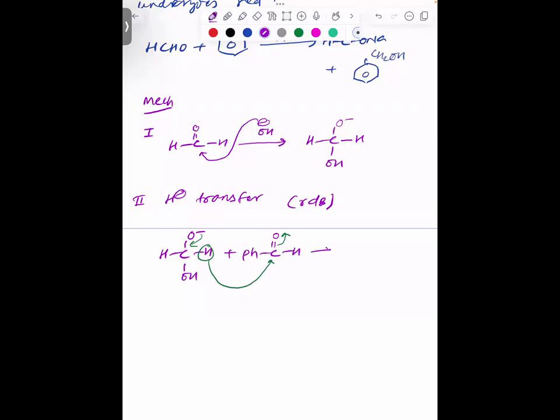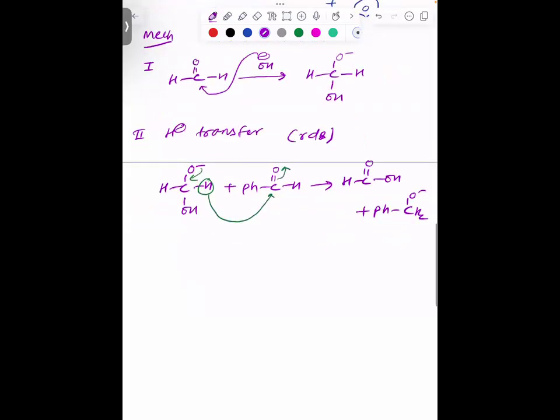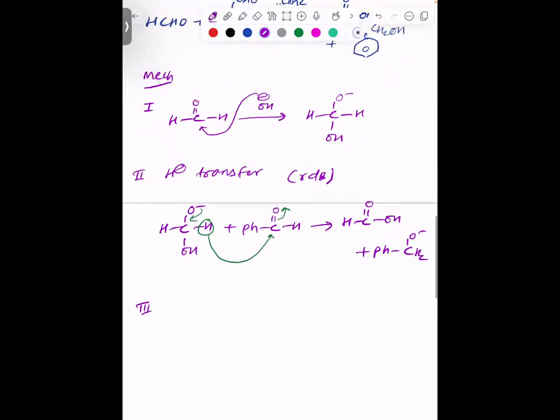PhCOOH and the alkoxide, PhCH2O minus. The reaction is not over yet, because between the carboxylic acid and phenol or any other alcohol, which one is more reactive, or more acidic?